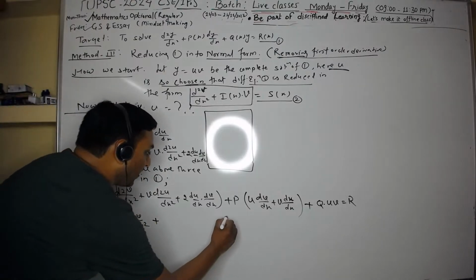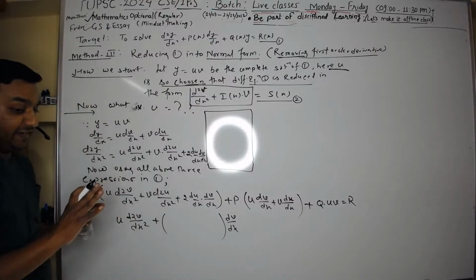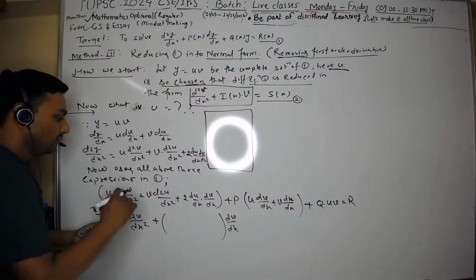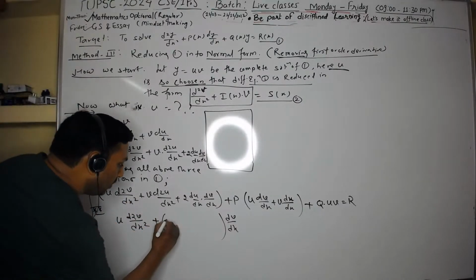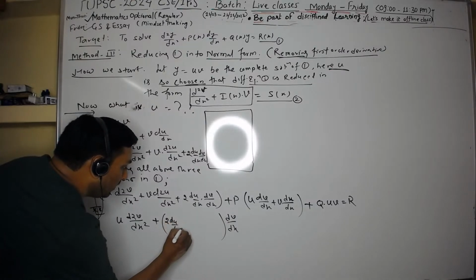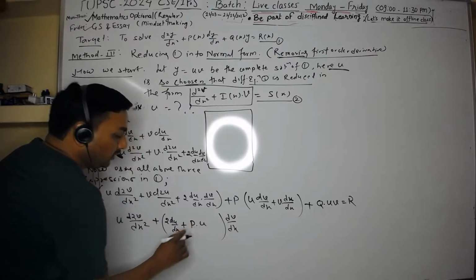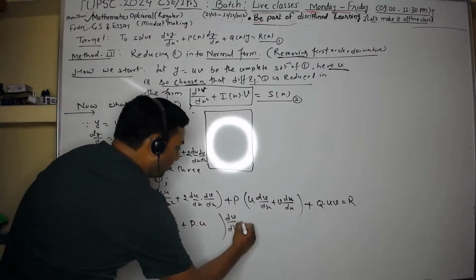So let's write dv over dx ke coefficient. This is the crucial step. So if I say dv over dx, what I'll be getting? 2 into du over dx plus p into u. dv over dx is managed.